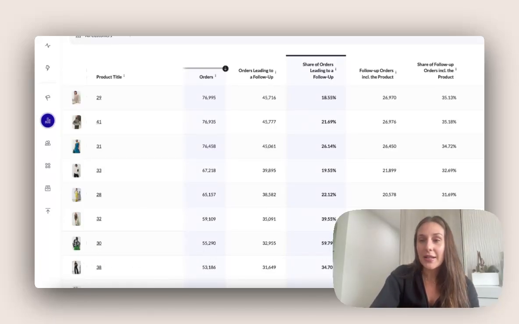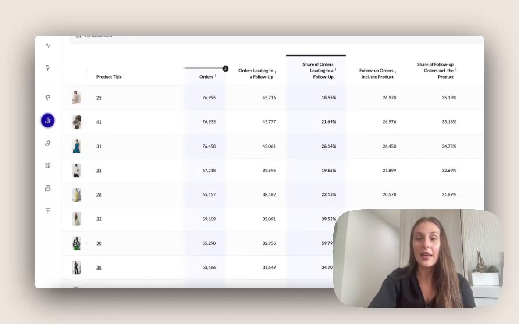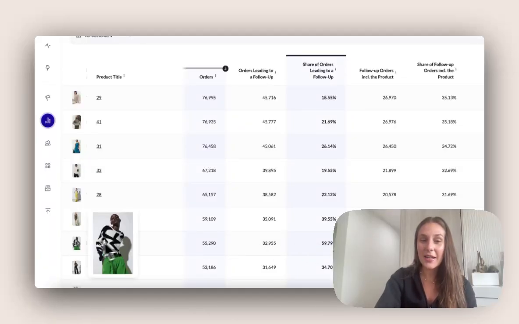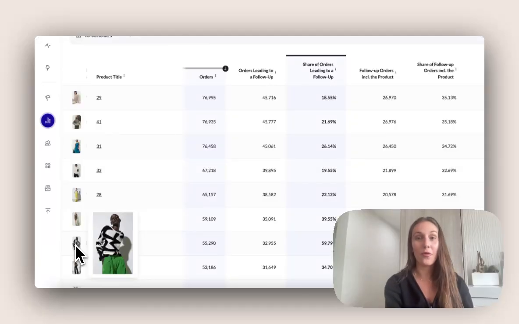So it would be interesting to look at the share of follow-up orders, including the product, to really identify if customers are coming back for that same thing most often, which in this case, in relation to other products, it absolutely is at almost 50%. So all in all, you can conclude that this black and white sweater is closely associated with strong retention efforts, and not only that, it does indicate product stickiness, and customers are coming back for this same sweater.